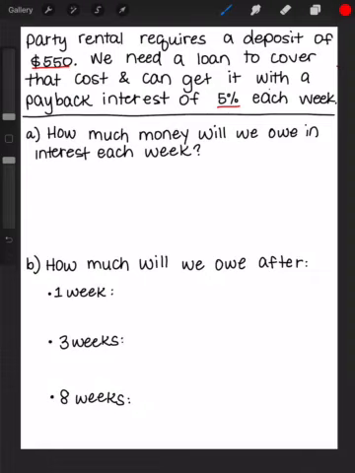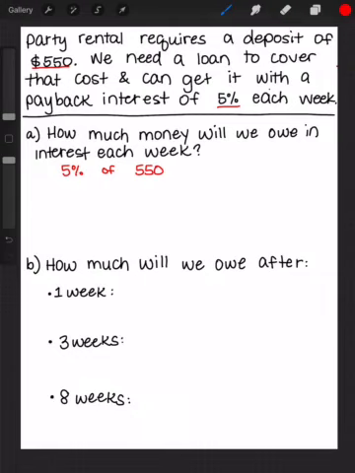Whatever that 5% is on week one, it continues with that same amount as it goes forward. So the first question asks us, how much money will we owe in interest each week? The way we do this is we figure out what is 5% of 550. So we write that out, 5% of 550. And we've learned the last couple of weeks that we can't use 5%. We need to change that to a scale factor, a multiplier.